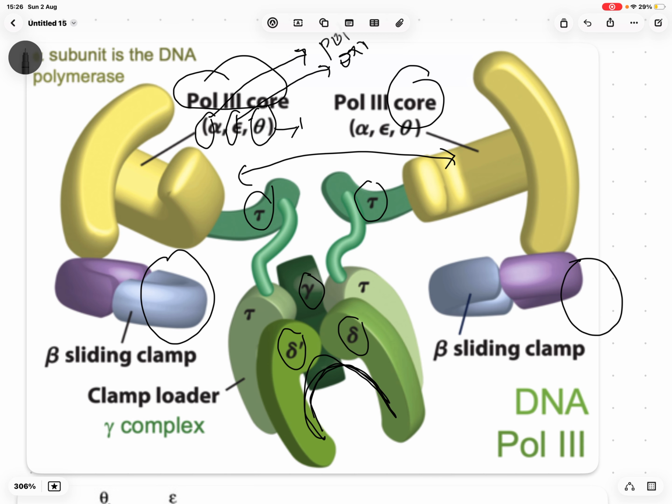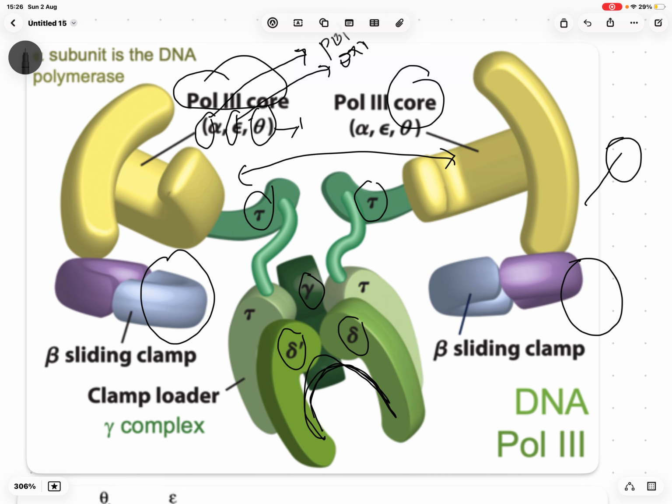You can see that these sliding clamps are ring-like structures. When the clamp opens, the clamp protein encircles the DNA strand. By opening, it encircles the DNA strand, and then it closes again, so that the clamp is fixed onto the single stranded DNA strands.